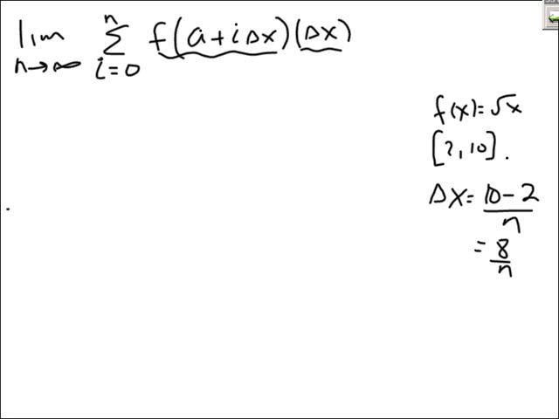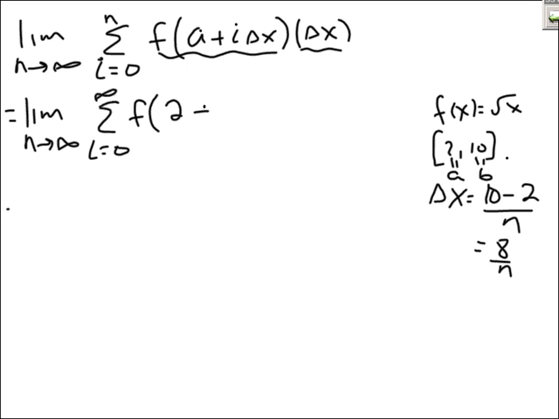And a is 2, and b, you don't need it, but b is 10. So this is equal to the limit as n goes to infinity of the summation of f of a, which is 2, so it's 2 plus i times delta x, which is 8 over n, times delta x, 8 over n.